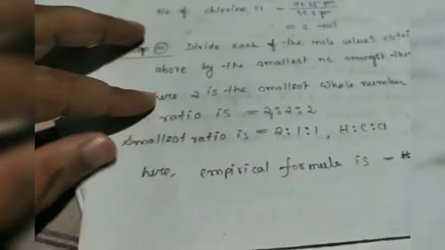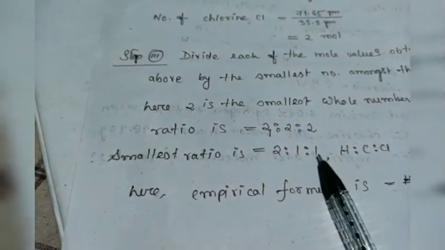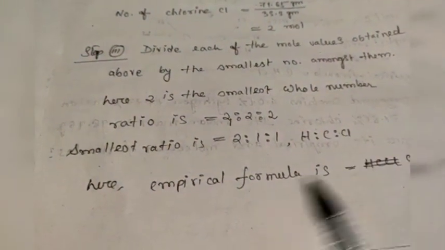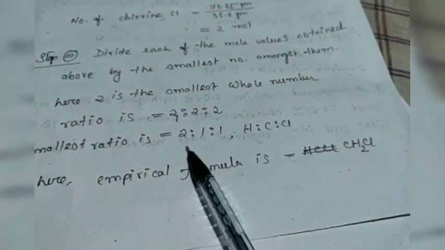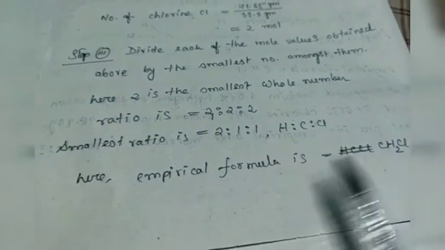Similarly, the simplest ratio, the smallest ratio, is 2:1:1 for hydrogen, carbon, and chlorine. So the empirical formula is CH2Cl. The number of hydrogen atoms is 2, carbon is 1, and chlorine is 1. So this is the empirical formula, but we have to calculate the molecular formula also.